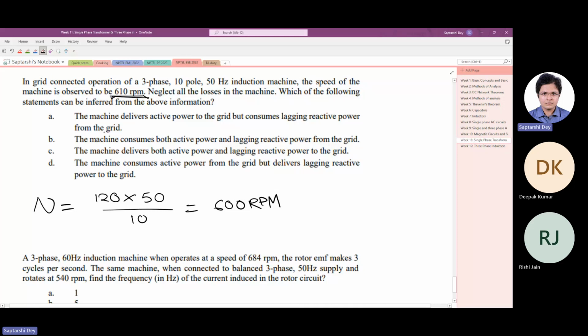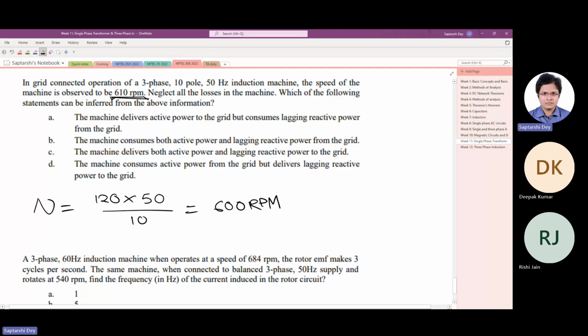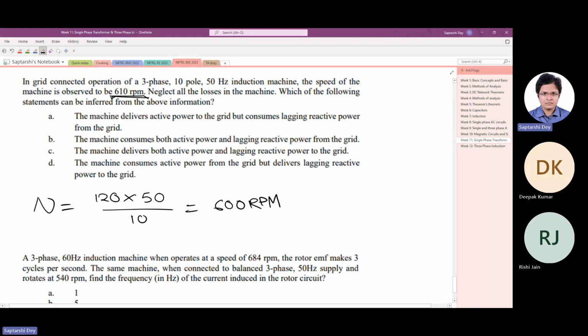Definitely it is not motoring mode, so it cannot consume active power. So this cannot be a case. What is happening in this case? Basically it is braking.